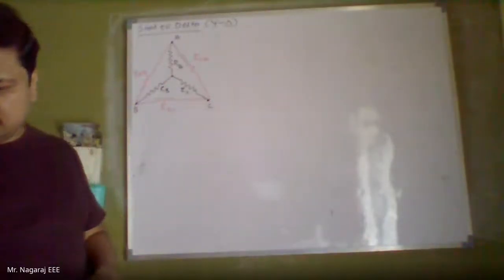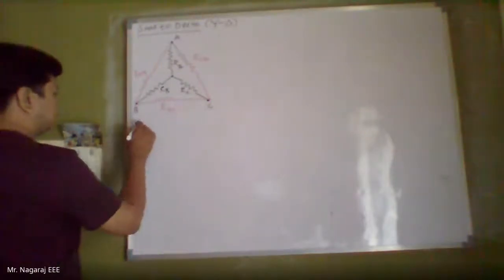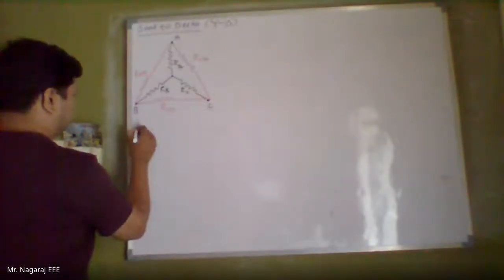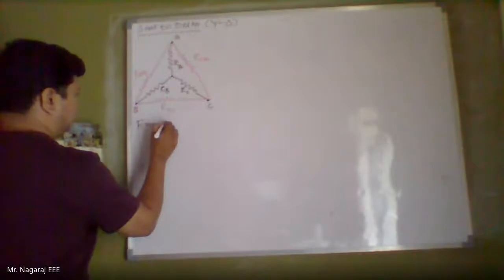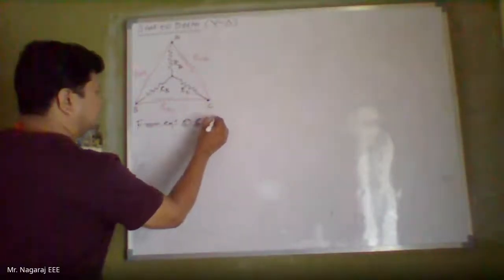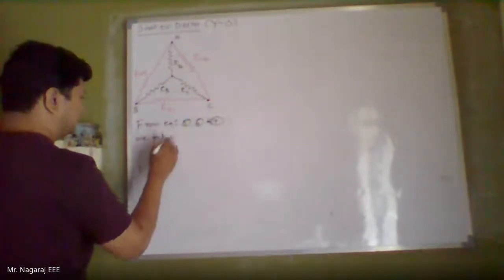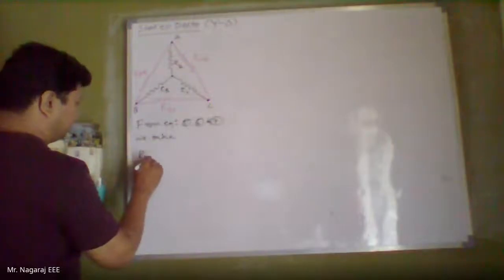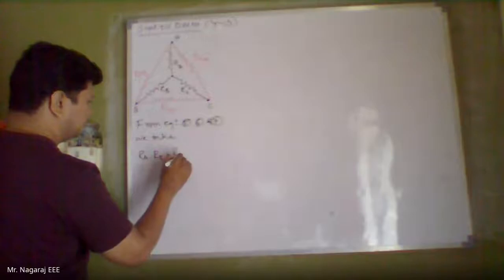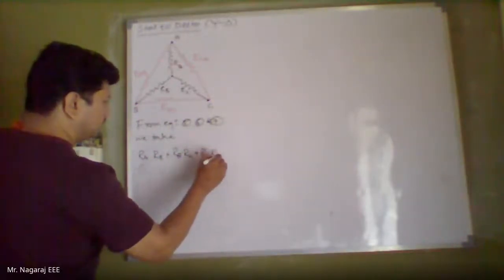So what I will do is, from equations 5, 6 and 7, we take RA into RB plus RB into RC plus RC into RA.